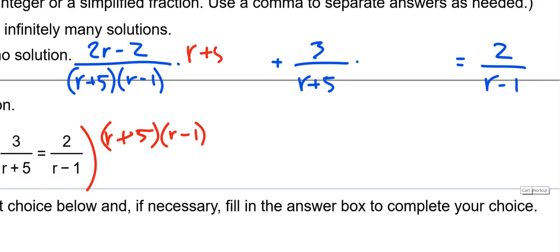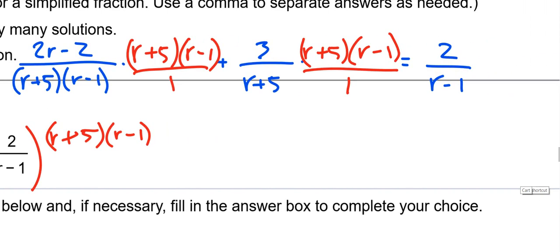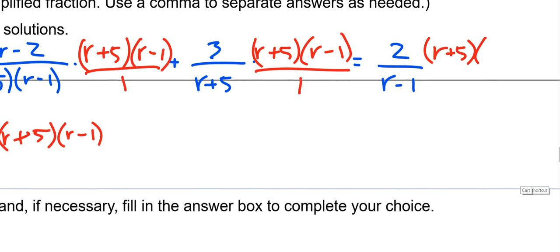So we're multiplying everything by R plus 5 and R minus 1. Yes, there will be some stuff canceling out. R plus 5. R minus 1.